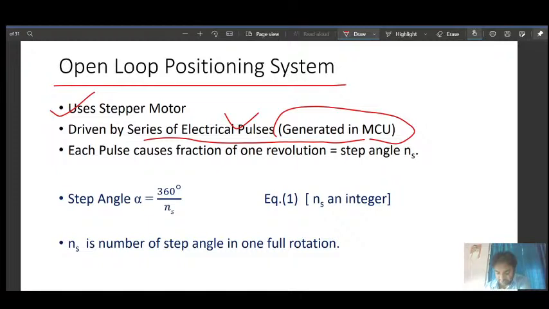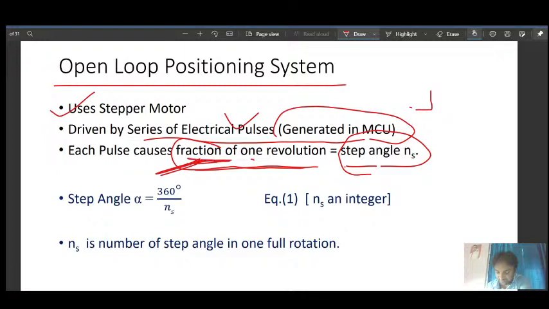Each pulse causes a fraction of 1 revolution, and it is equal to the step angle. Just remember this, not one revolution, a fraction of 1 revolution.